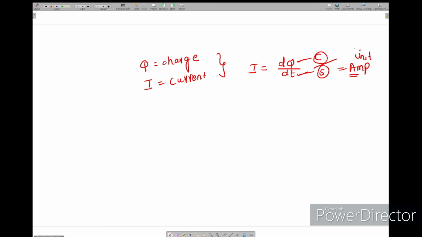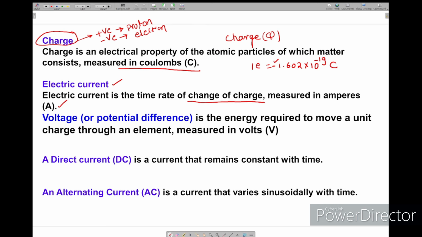If you see any electrical network, current is the main fundamental quantity for the electrical circuit. And the next one is voltage or potential difference. This is nothing but the energy required to move a unit charge through the element, and it is measured in volts.